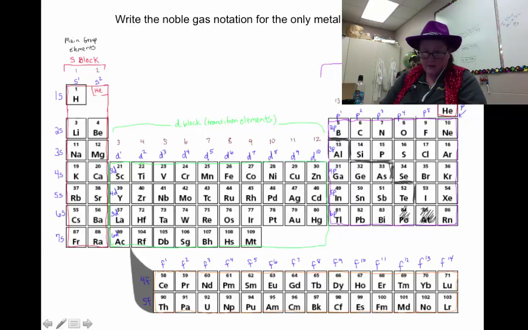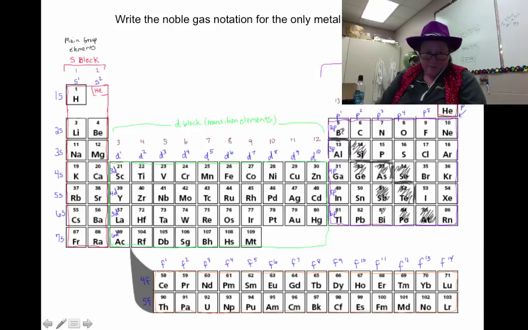And these elements are called the metalloids. And boron is also considered a metalloid. So all of the elements on this side are nonmetals. All of the elements on this side are metals. And I forgot that antimony, Sb, is a metalloid, sorry. So the only metal in group 15 happens to be bismuth.